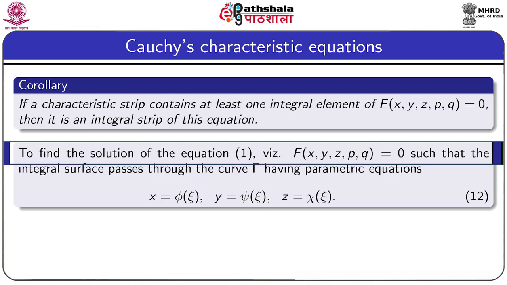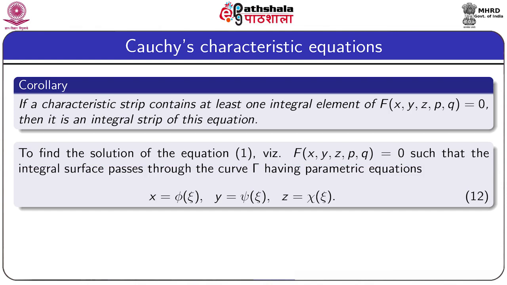Now, we are interested to find the integral of a given nonlinear equation which passes through a given curve gamma. Thus, we are interested to find the solution of capital F equals 0 which passes through gamma, and the equation of gamma is written in parametric form.